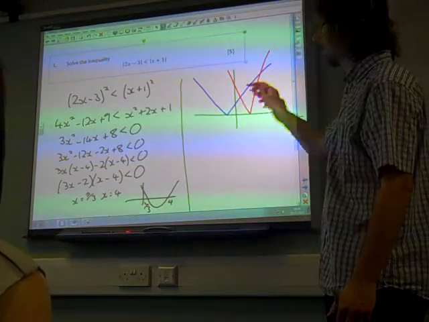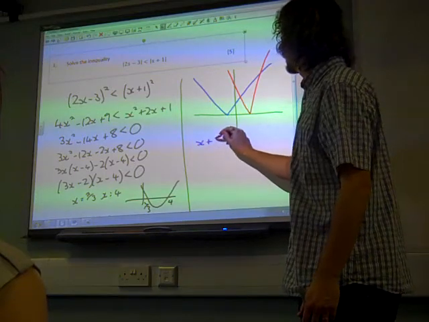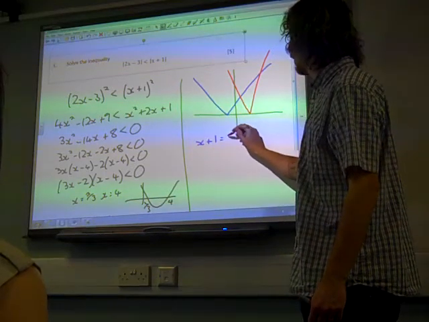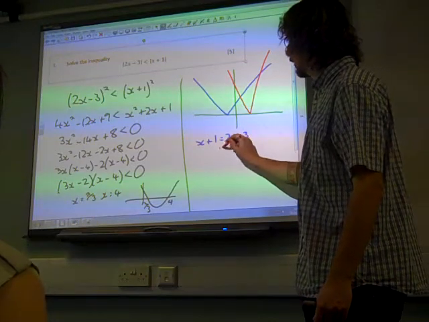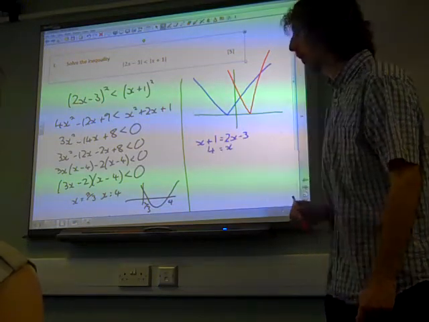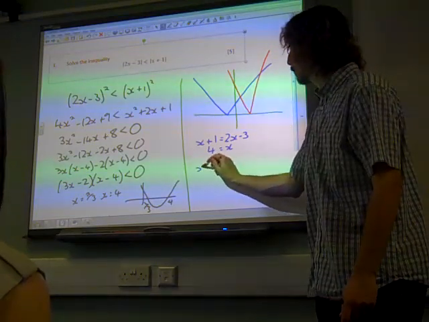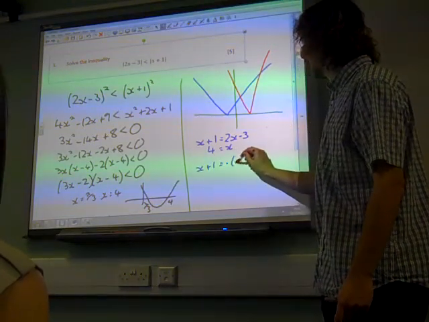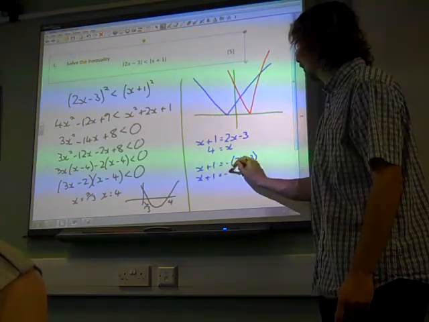So it's the positive branch of x plus 1 meeting, well, firstly, the positive branch of 2x minus 3, which gives us x equals 4, if we rearrange that. And the other one, we've got the positive branch of x plus 1 meeting the negative branch of 2x minus 3. We work that out.